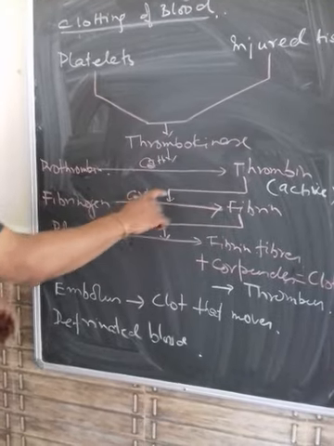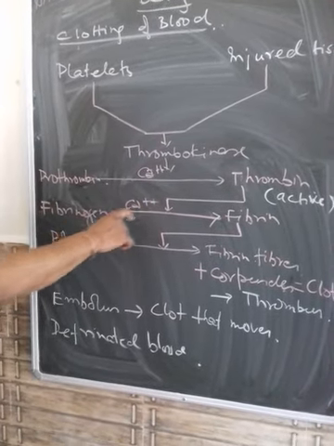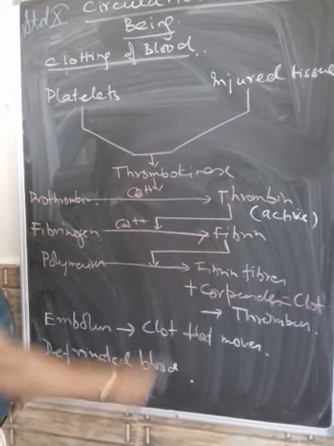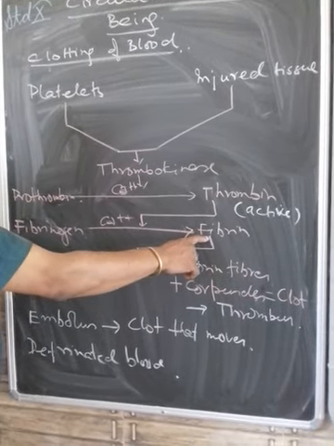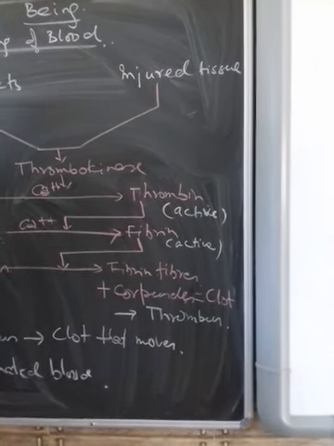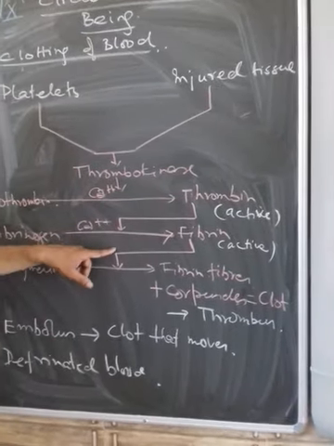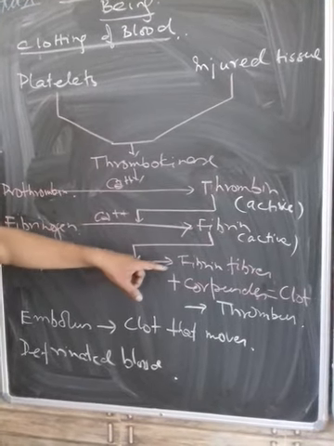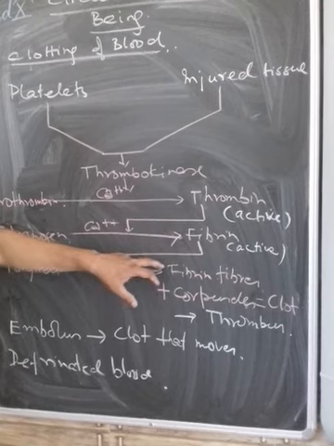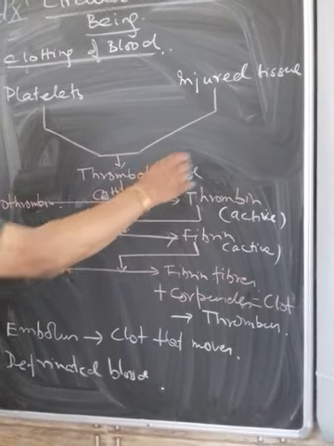Now this thrombin, again in the presence of calcium, converts a blood protein called fibrinogen to fibrin. Fibrin is an active blood protein, and the fibrin polymerizes to form fibrin fibers.